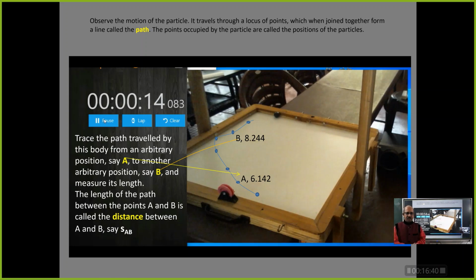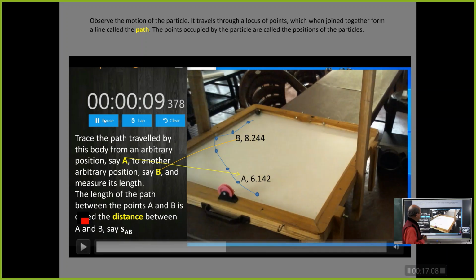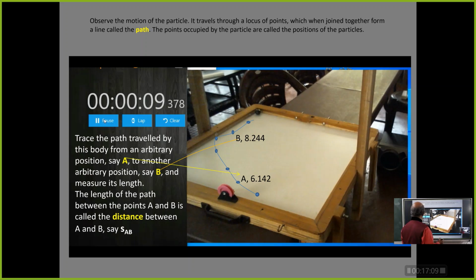But of course, the position vectors will be different. Did you get it, or did I confuse you? Louder. So I got it. You got it. What about you? You got confused. Okay. Now you see, I can choose this point as the reference. I am free to choose. Then this becomes the position.